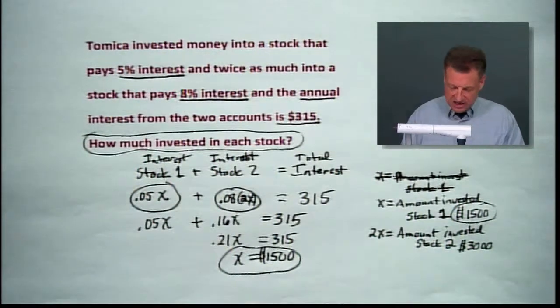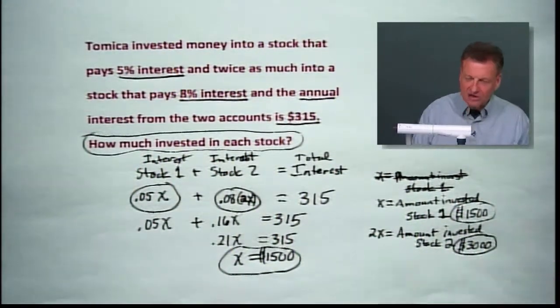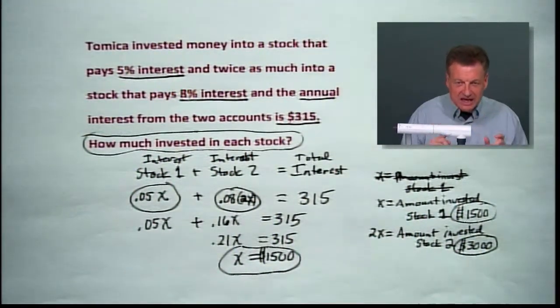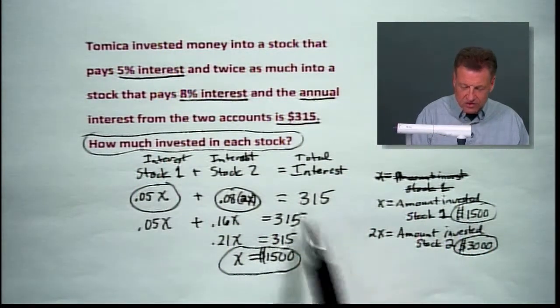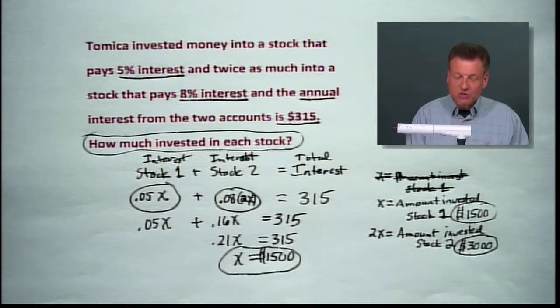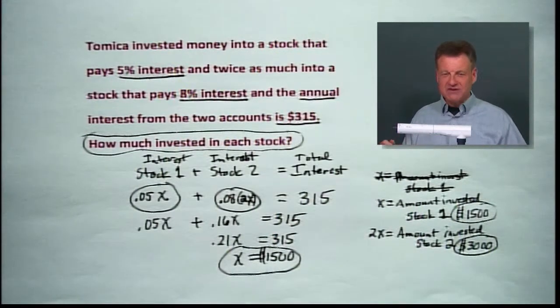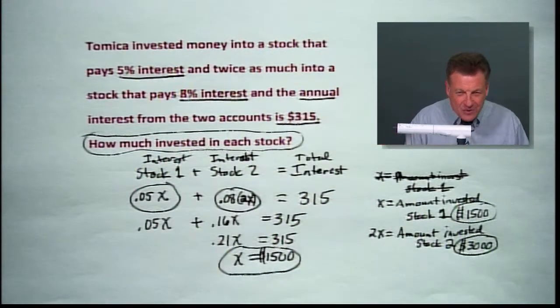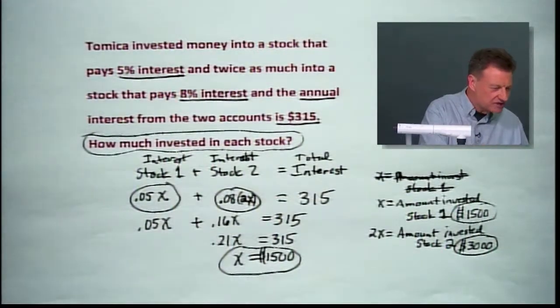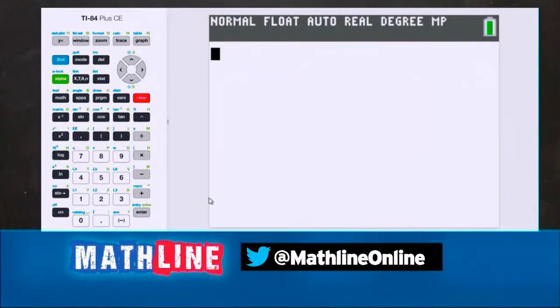My question is, if I take these amounts and I put them in each stock, will we come back with $315? Well, the way our math worked out, and y'all go on, well, it came out even, it surely has to work. We hope so. Let's take a look. We'll use the calculator on this one because I don't really want to try to do this mentally in our heads. So let's think what we're doing.